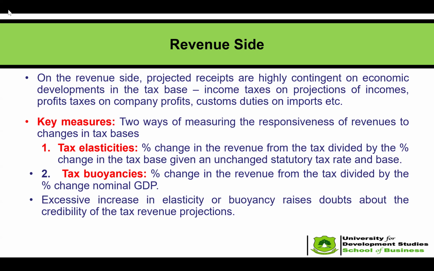We did an analysis of the budget, and I will share that particular paper or analysis with you. It was even published in Business Times. Our findings showed that 81% of government revenue is going to be gleaned from taxes.